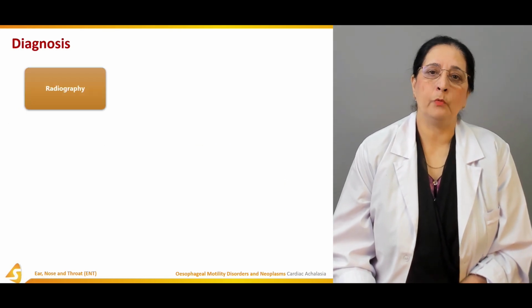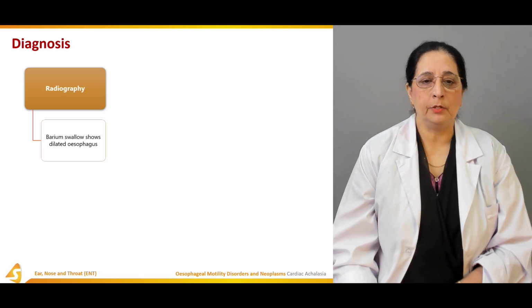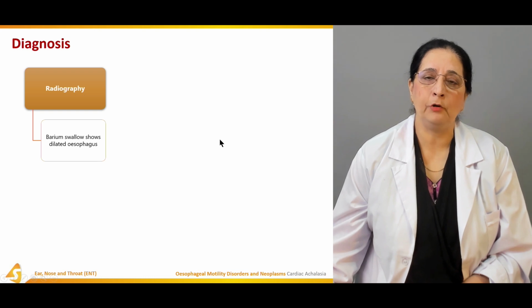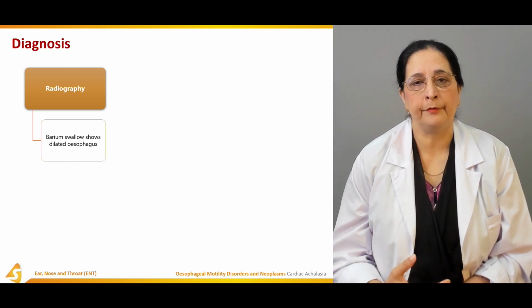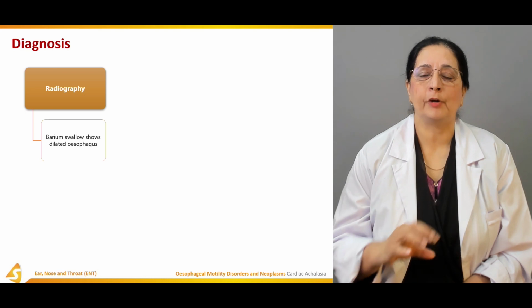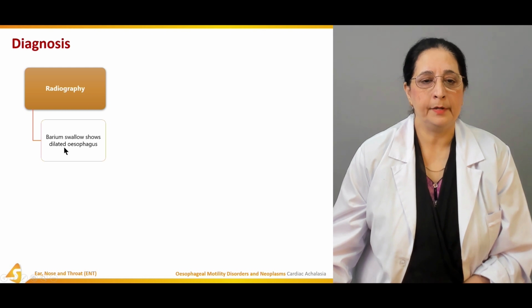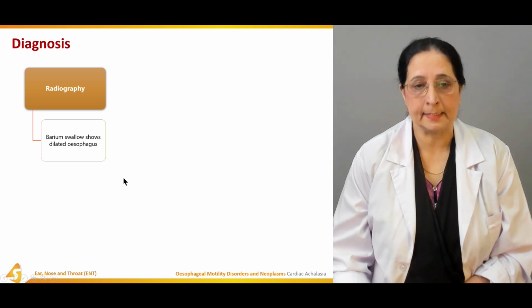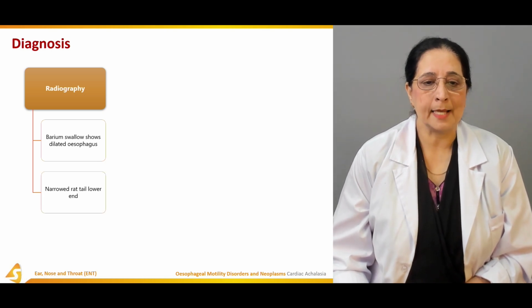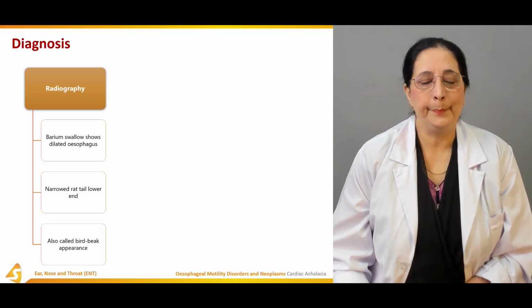Diagnosis: how we can diagnose cardiac achalasia. By radiography. Radiography is very common for the upper GI tract, the barium swallow. For the lower GI tract, barium enema is preferred, but for the upper GI tract, the barium swallow is the preferred method of radiography. So barium swallow shows a dilated esophagus with a narrowed rat-tail lower end, also called bird beak appearance.